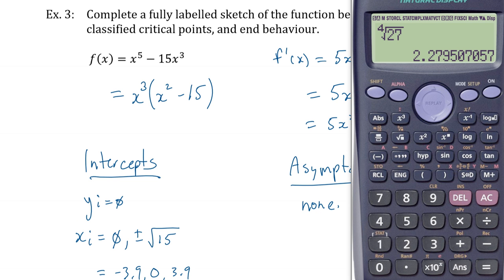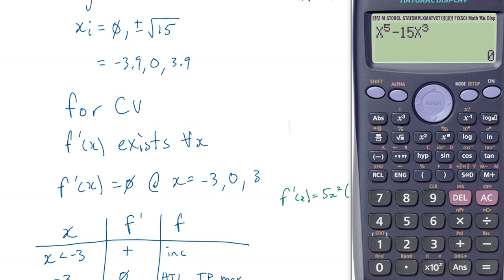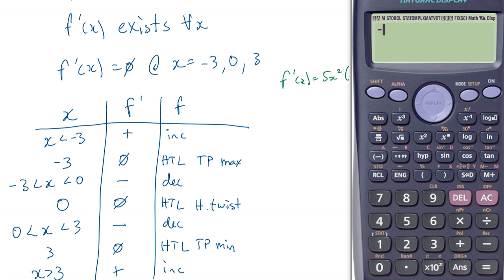Which one's faster? Or if you are programming your calculator, x to the 5th minus 15x cubed equals, and I put in negative 3, and I get 162, and I put in positive 3, and that wasn't right.